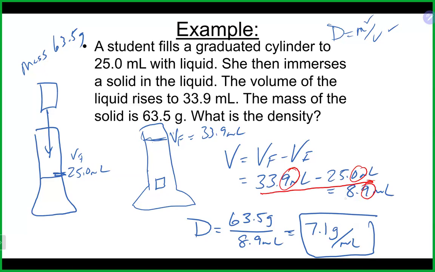But that answer with 1 decimal place still has two significant figures, right? Which is important because the last thing that we did was divide, which means we should now look at significant figures. This has 3 significant figures. This has 2 significant figures. That means my answer should end up with 2 significant figures. Any questions about that?